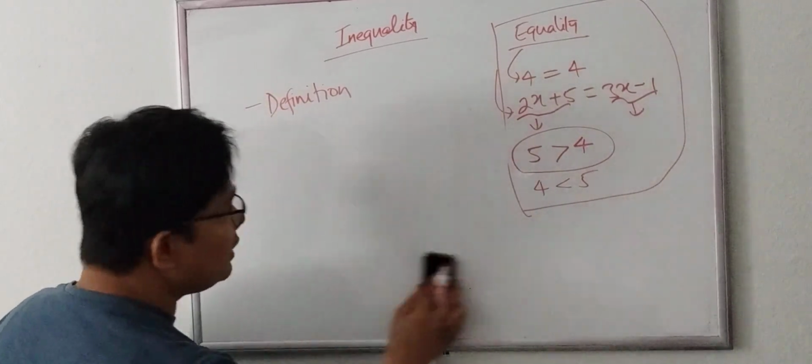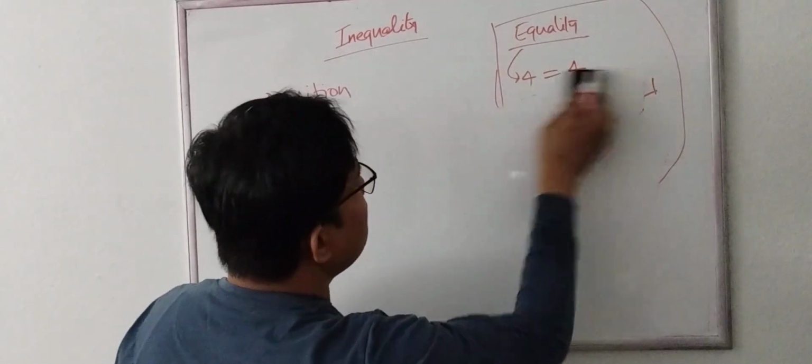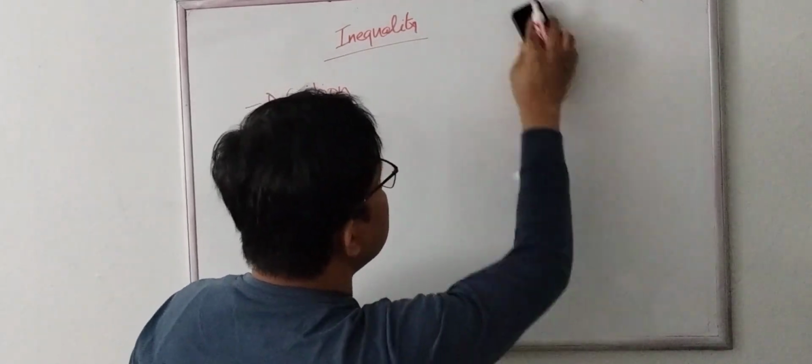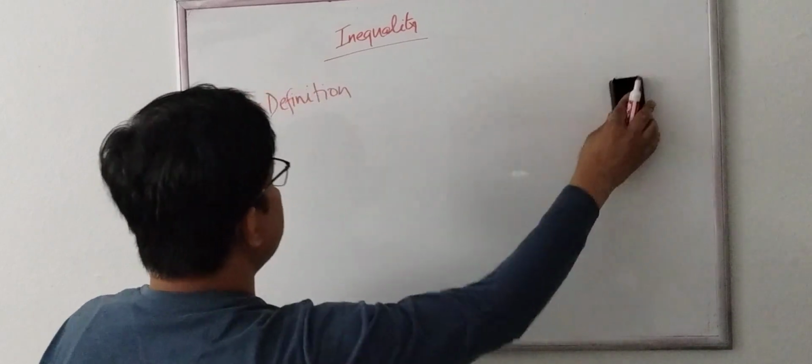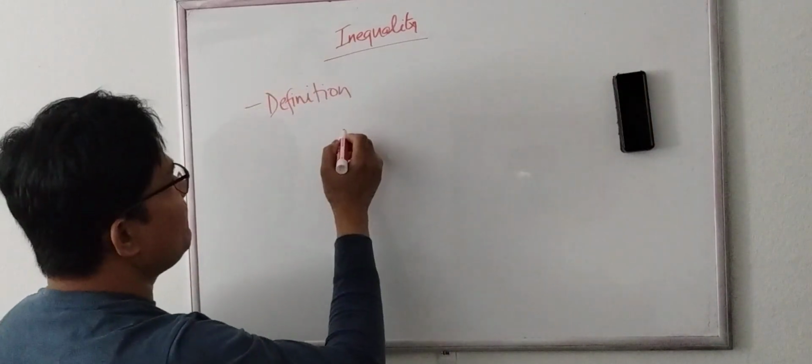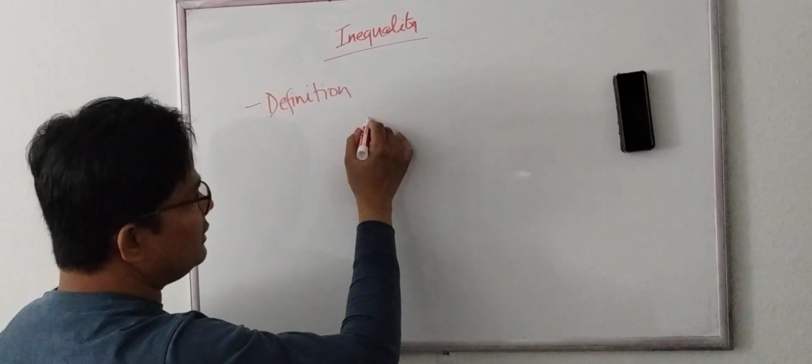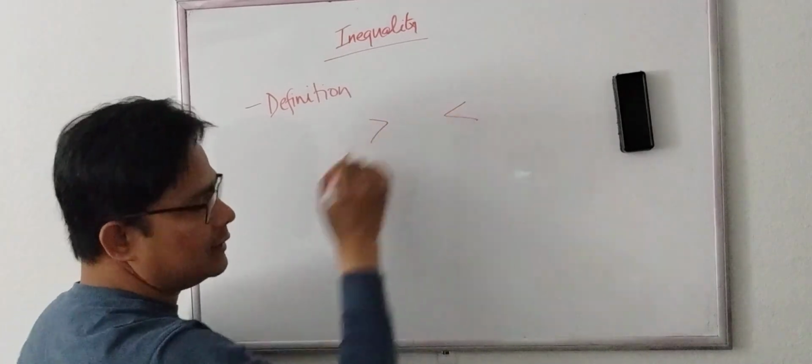definition. As I was saying about equality, there could be two types of inequality. One could be strict, that's called greater than or less than.